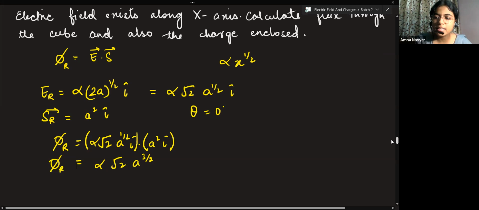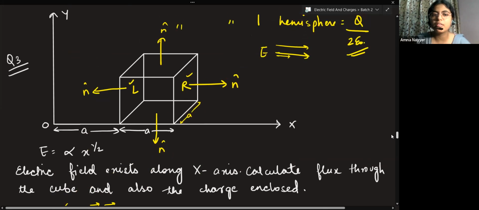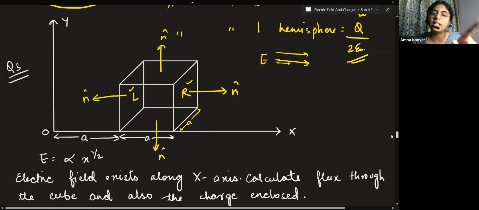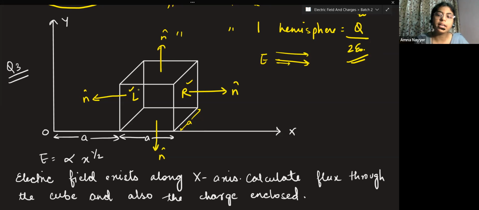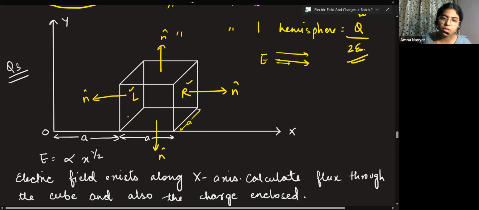Now see, this is not our final answer. Why? Because flux will also be contributed by the left hand side. So now tell me, what will be the value of x for the left hand side? A. Yes, A. It will be only A. You have to check the separation of the cube, or whatever face you are considering, from the origin.